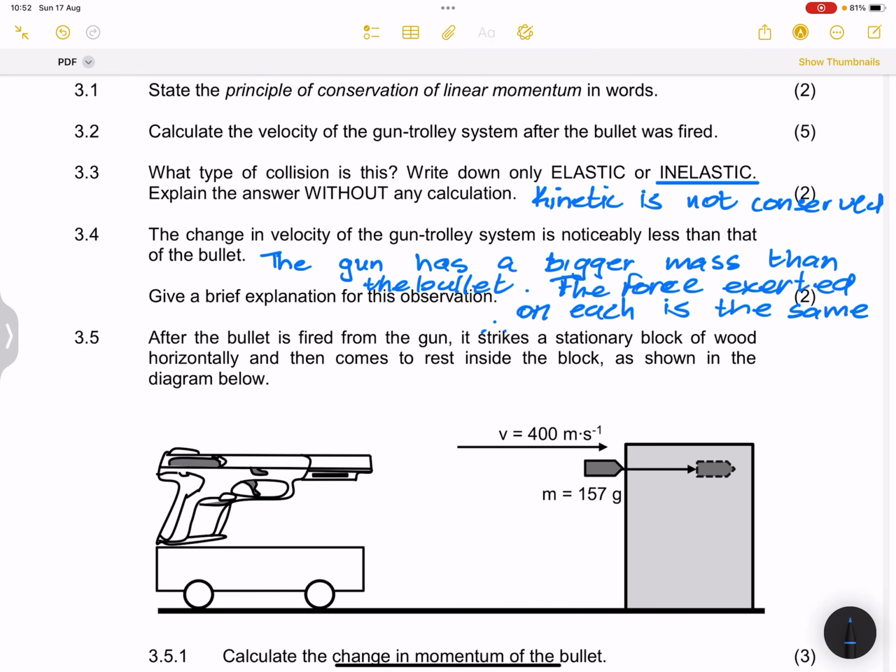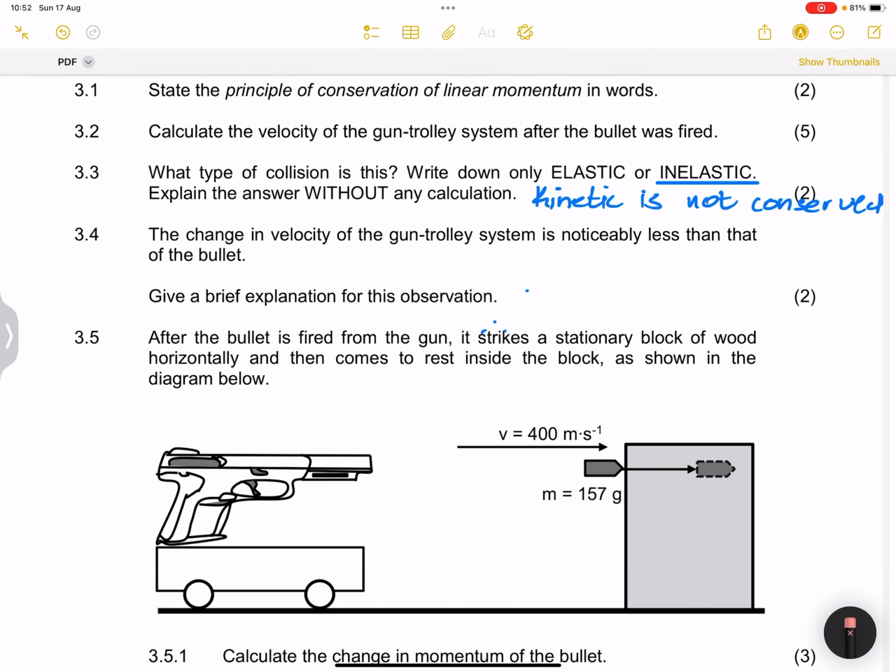And therefore, the gun will experience a lesser change in velocity. All right, ladies and gents, I hope that you got that.